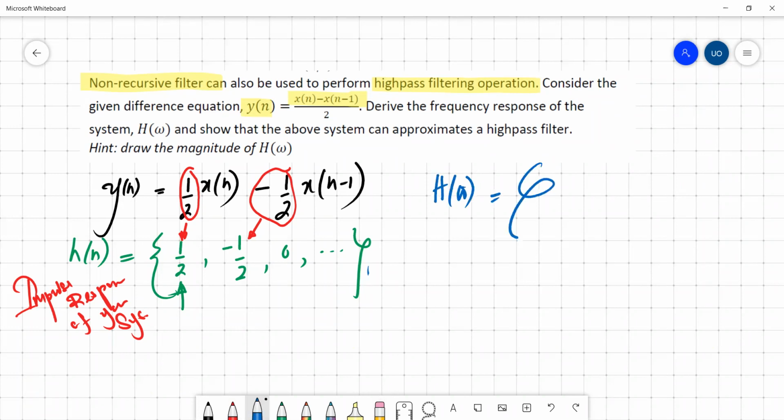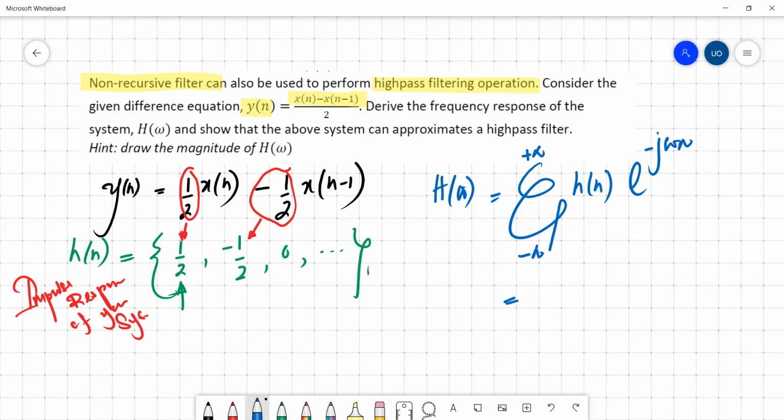According to the definition, H(omega) is the sum of h[n] e to the power minus j omega n. Here n goes from minus infinity to plus infinity, but in this case you have two values: one is h0, or n equals 0, the other is n equals 1. Then you can simplify it.